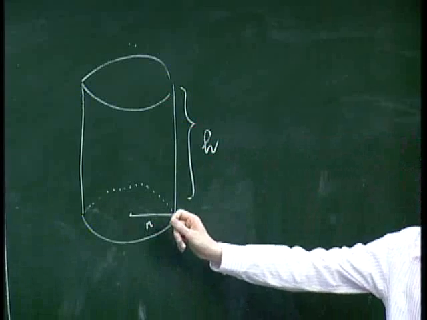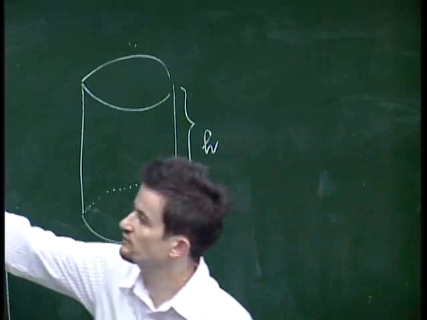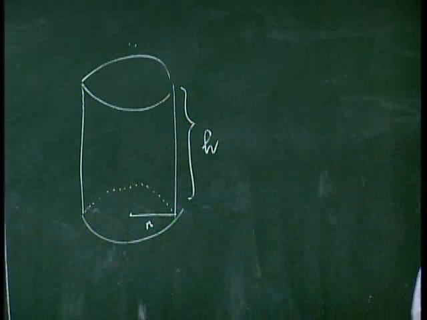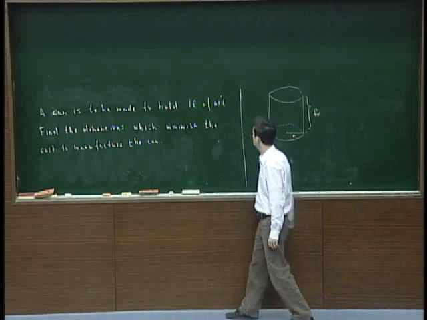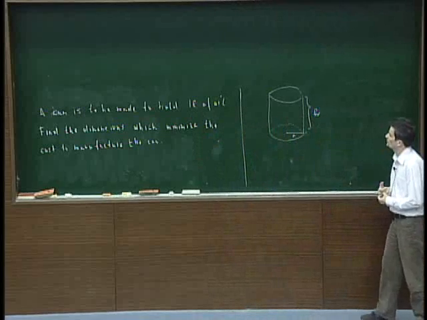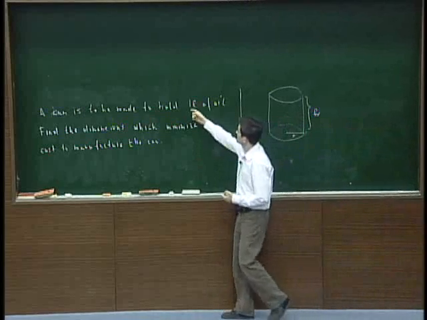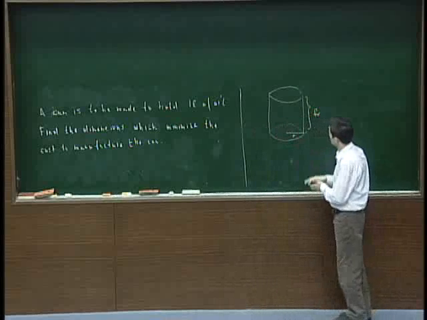If we make r smaller and smaller, because of this assumption, the volume is fixed. From this requirement, the volume must be equal to 1 cubic decimeter, so the volume is actually fixed.